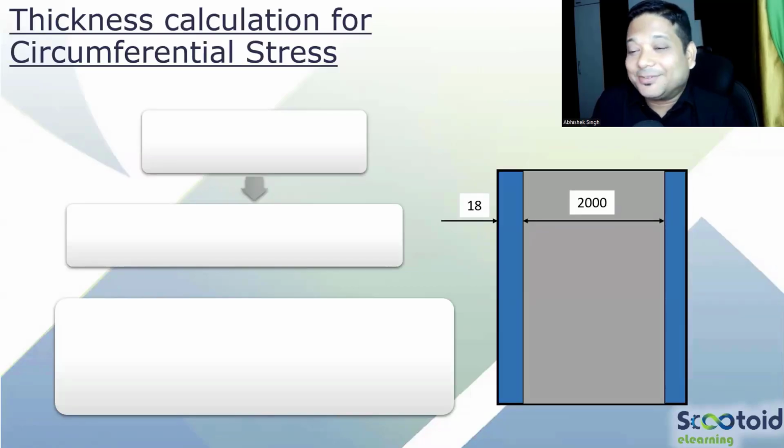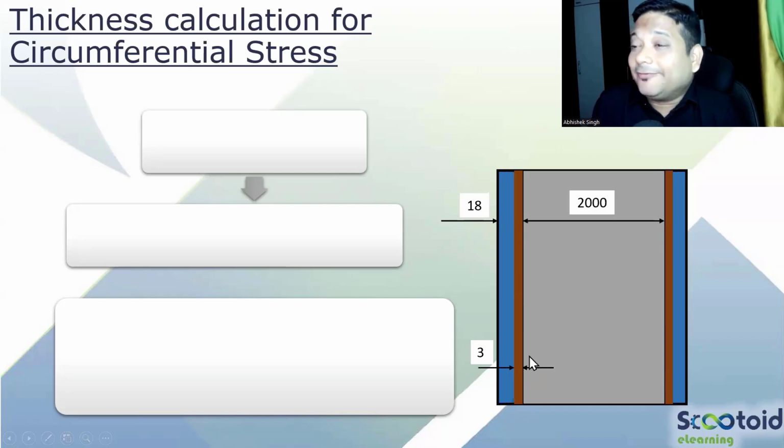What will be your radius? Radius 1003, clear, right? So how 1003? The ID of that equipment, whatever we are rolling, is the nominal ID, which is 2000. If I have taken, let us say, an 18 mm plate, 3 mm will be the corrosion allowance. When we do calculation, we always do calculation in the corroded condition.